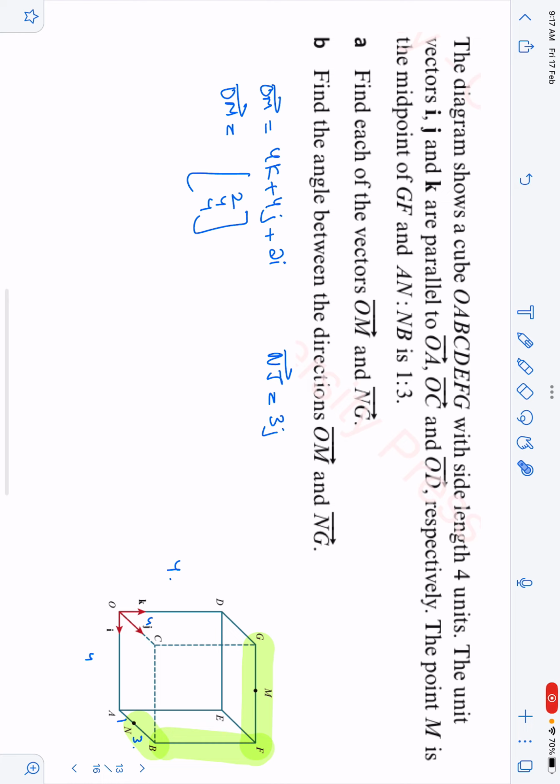If the whole thing is there, then it's 4j. If this is there, it's just j, and it's 3j. 3j plus 4k minus 4i, because in this case you have to go backwards. If I write it in the form of a vector, it will be the i component first, then the j component, and then the k component.